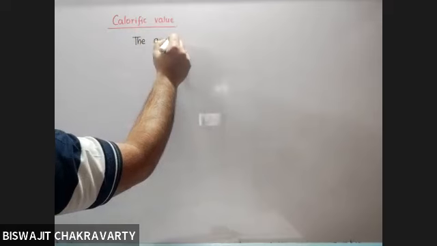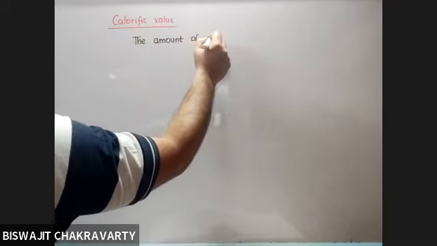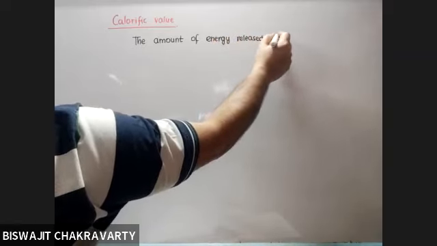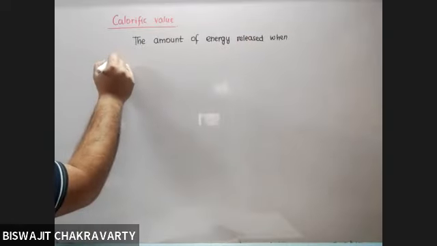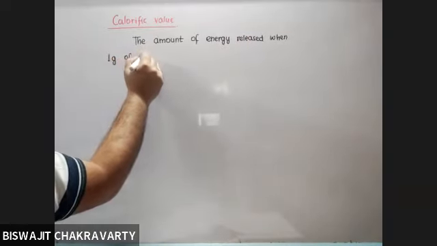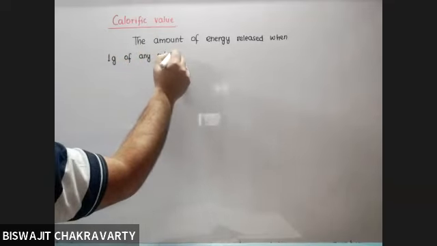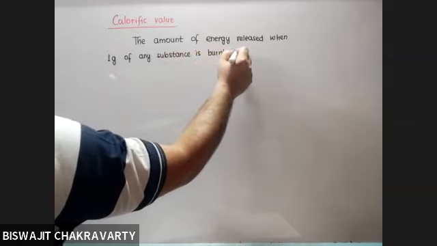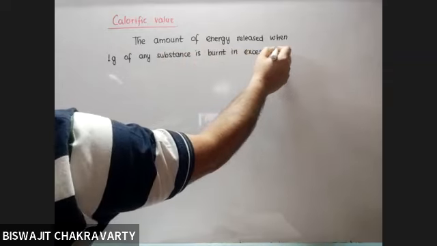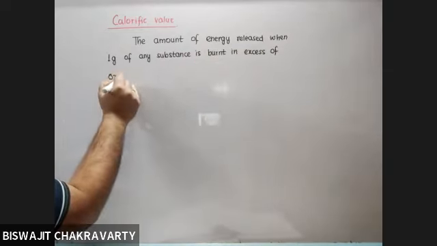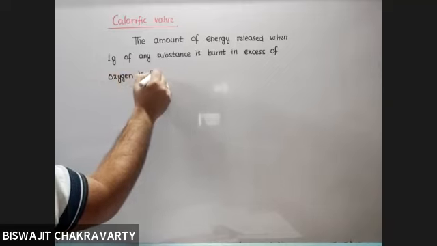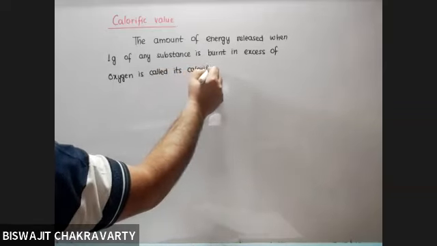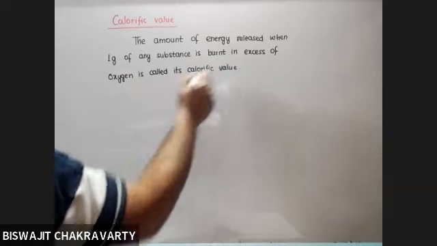The amount of energy released when 1 gram of any substance is burnt in excess of oxygen is called its calorific value.